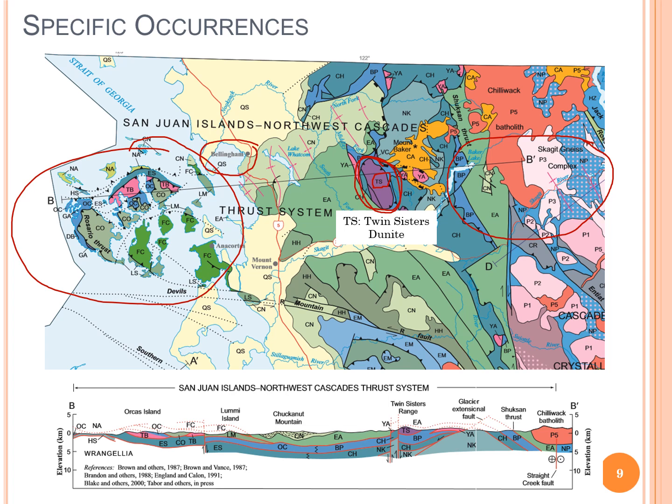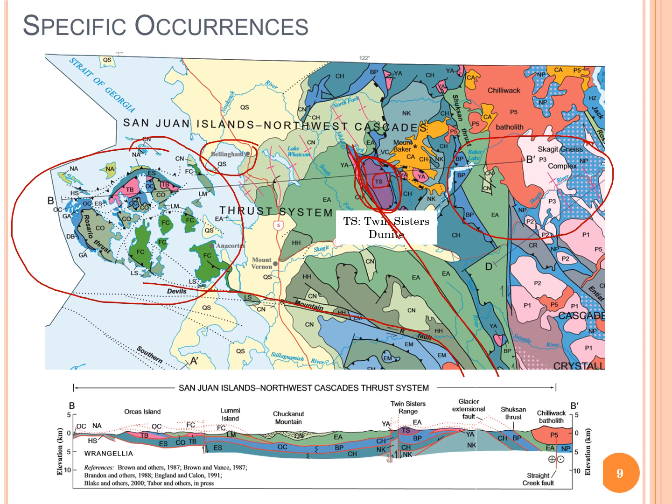You can see a couple of dark lines that go down the west side of the Twin Sisters Dunite area. Those lines run oftentimes quite a long way, all the way from south to north, and there are several of them. One in particular is labeled the Devil's Mountain Fault, a very important fault for us here in the Pacific Northwest.